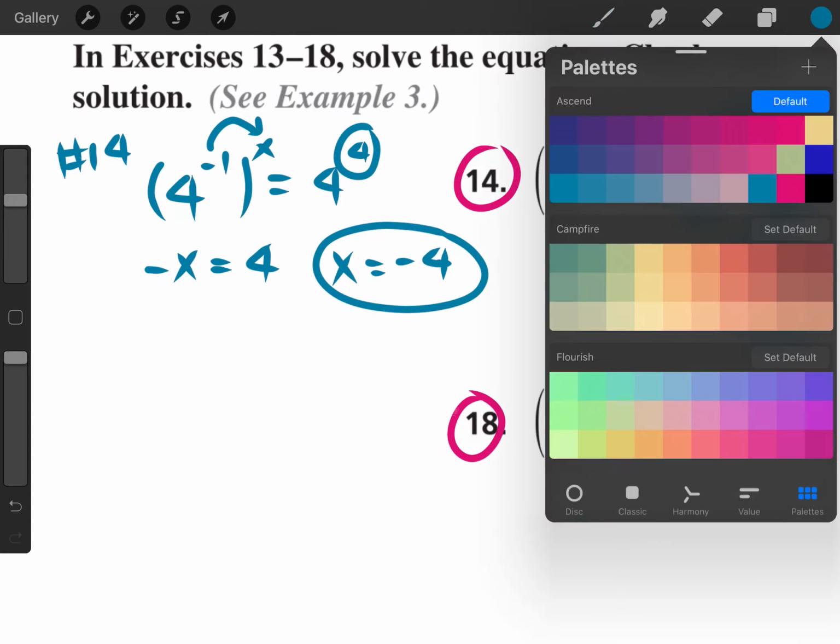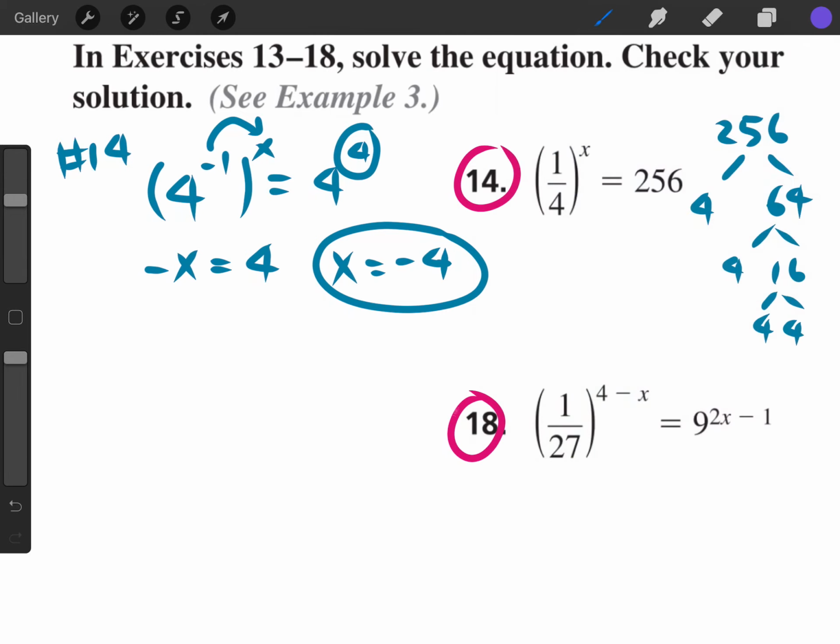All right, so use a different color for the next one. Number 18. Set that 1/27 into non-fraction. That'll be 27 to the -1 power. So it'll be 4 minus x over here, and then 9 to the 2x minus 1.